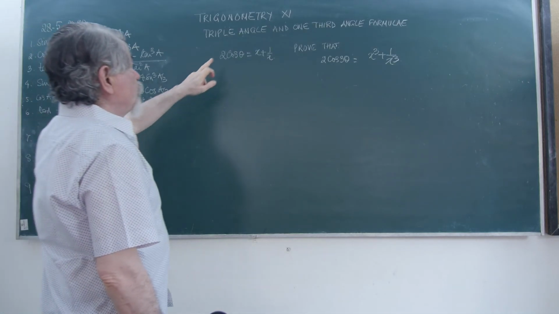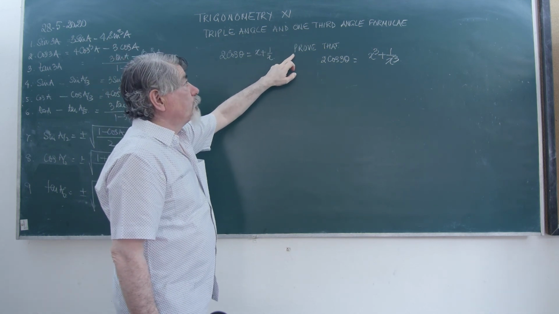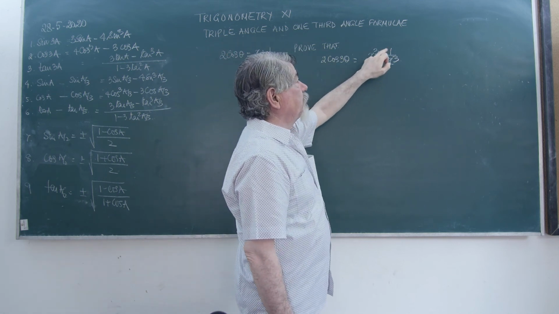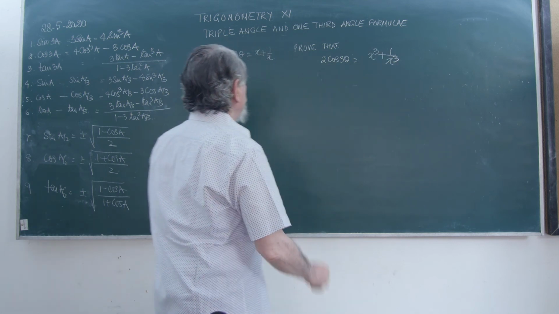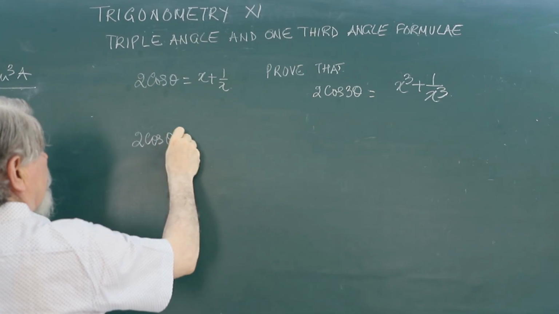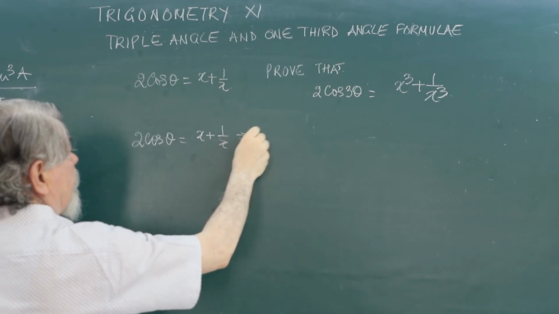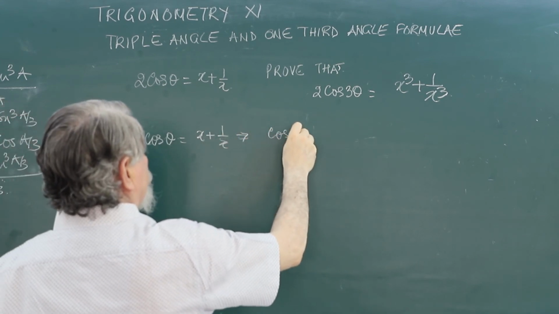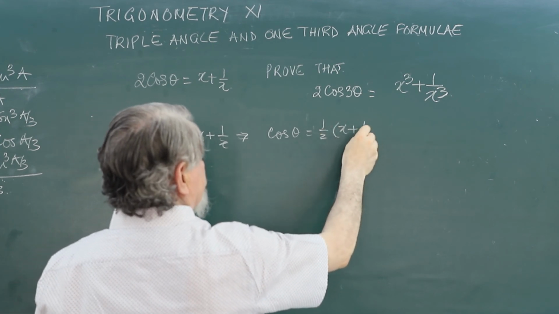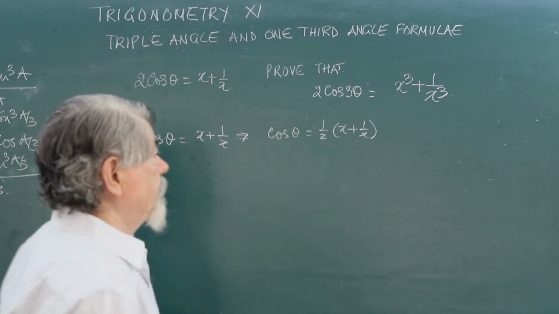It's given as 2 cos theta is equal to x plus 1 upon x. He wants you to prove that 2 cos 3 theta is equal to x cube plus 1 upon x cube. We have 2 cos theta as x plus 1 upon x. That will imply cos theta would be 1 upon 2 into x plus 1 upon x. I want to calculate cos 3 theta.